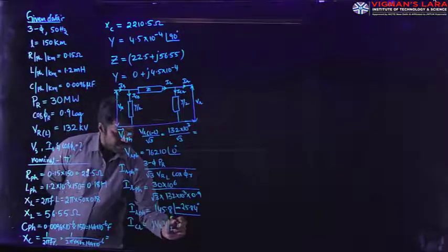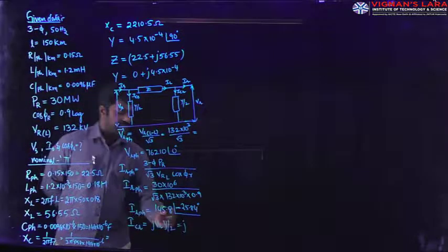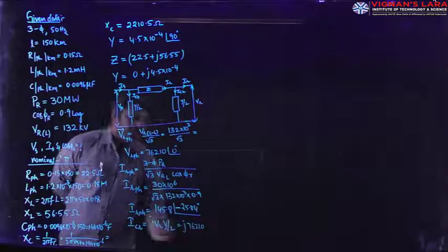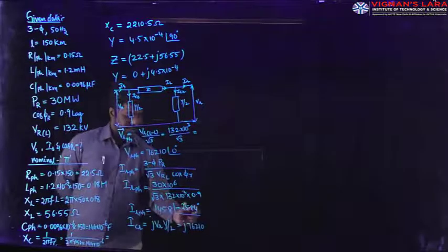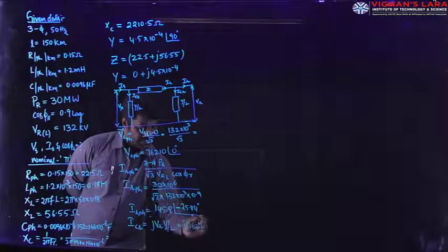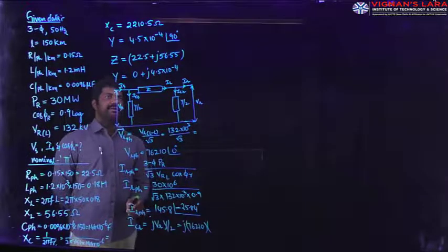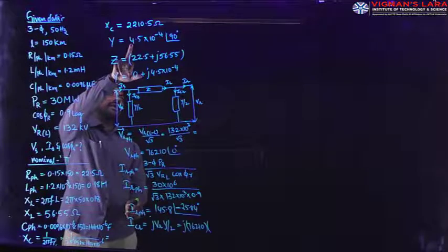Its value is equal to plus J, VR taken as reference per phase value 76210, at an angle 0, multiplied by Y by 2. The value of Y we calculated is 4.5 into 10 power minus 4 at an angle 90.